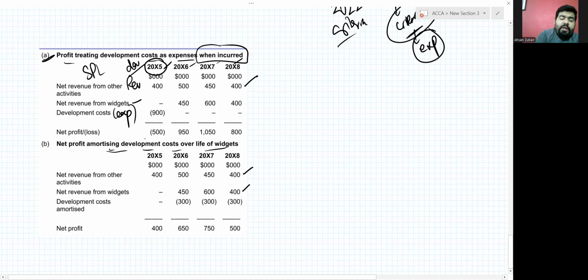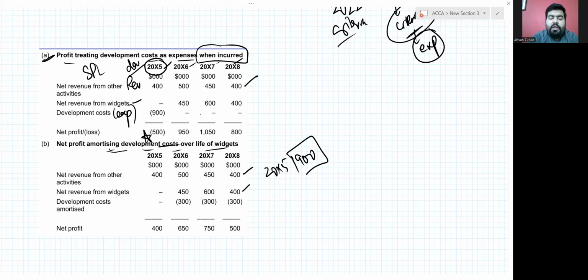But if it's made an asset, it means in 2005 you have classified it as an asset of 900. Why? Because, as he's saying, you have to calculate according to amortization, meaning its criteria is met, and now it is classified for this development.